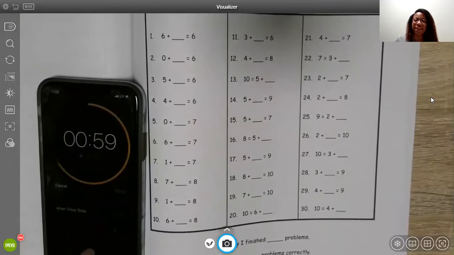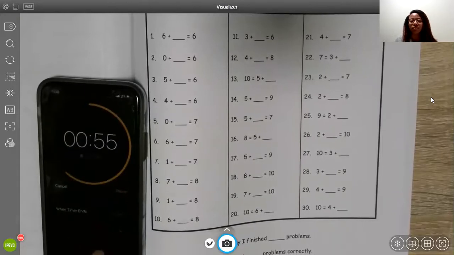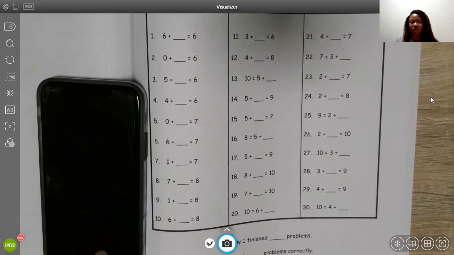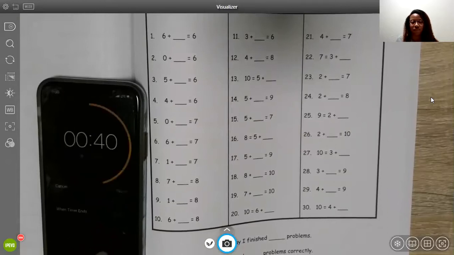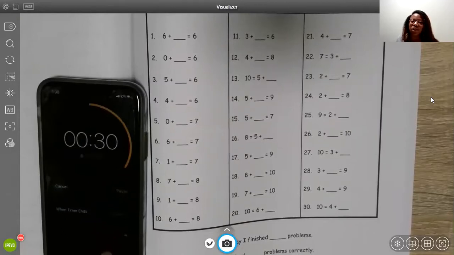One more minute. Almost finished, just 30 more seconds.